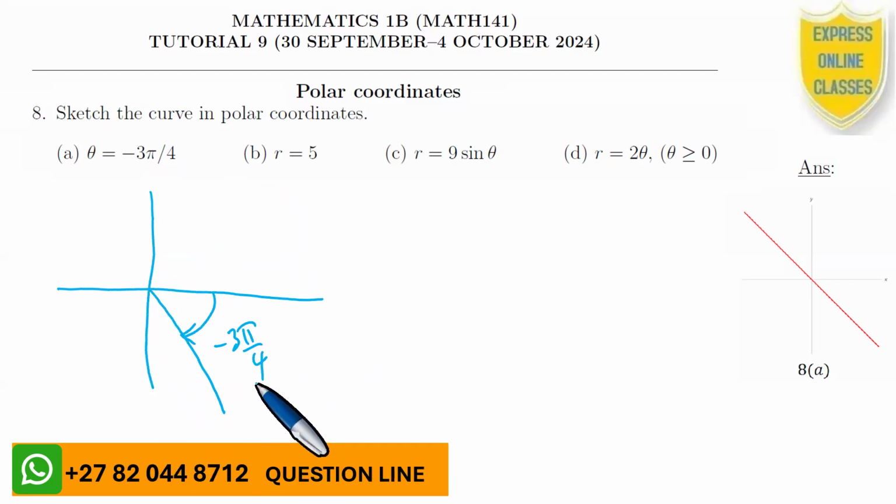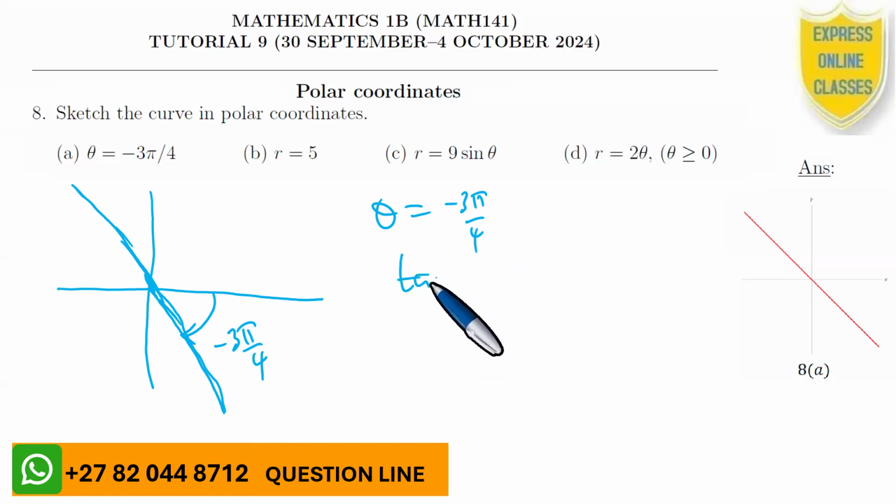At this point it can be seen as a line like this, a line just that way.